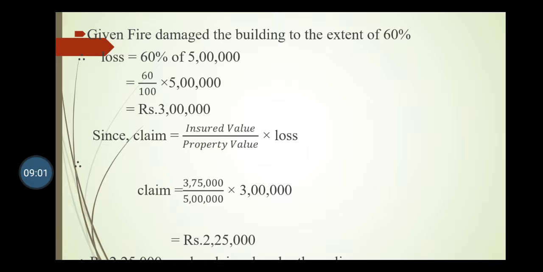So, what will be the loss? Loss equals 60% of 5 lakh. And 60% of 5 lakh means 60 upon 100 into 5 lakh. That means there is a loss of 3 lakh due to fire. So, claim equals insured value upon property value into loss.